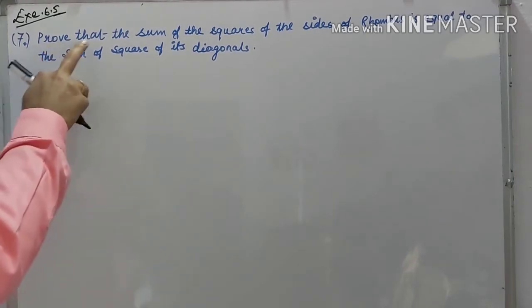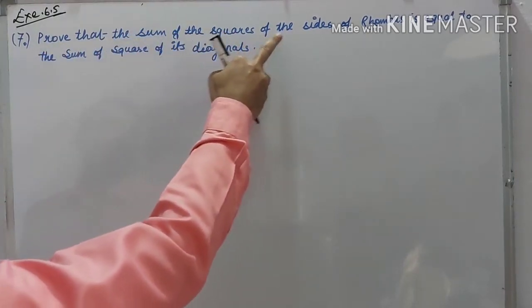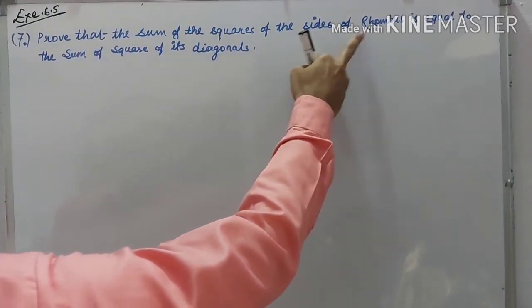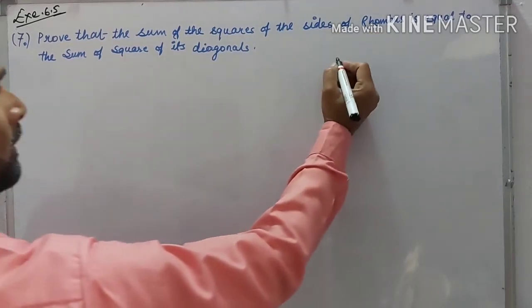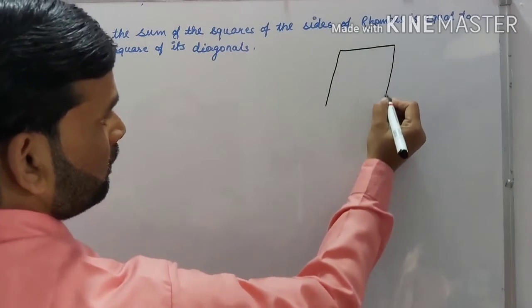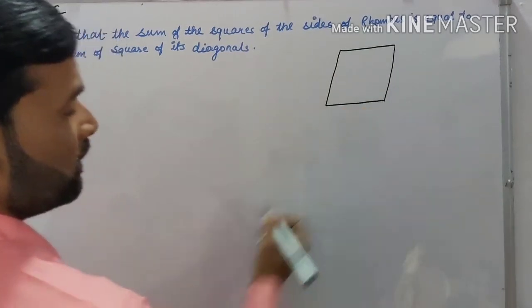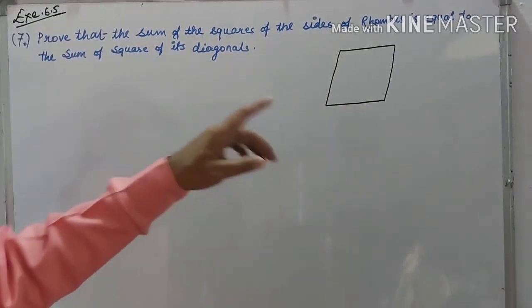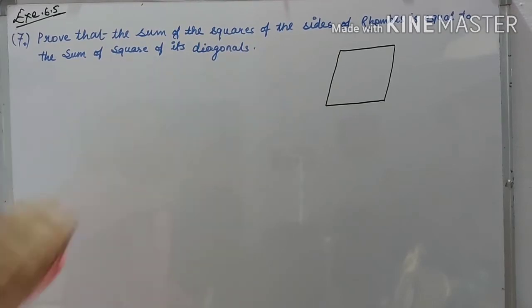Question number 7: prove that the sum of the squares of the sides of a rhombus is equal to the sum of the squares of its diagonals.